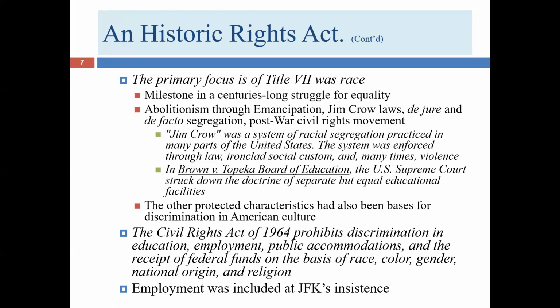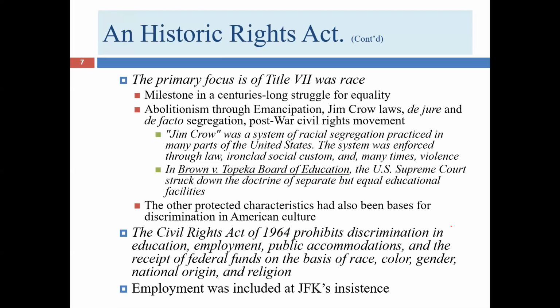It was a system of racial segregation practiced, again, in many, many parts of the country, sometimes by law, but also because of social customs, and many times these ideas were being enforced through violent acts. And we already talked about Brown versus Board of Education. This struck down the idea of separate but equal and led to the integration of public schools.